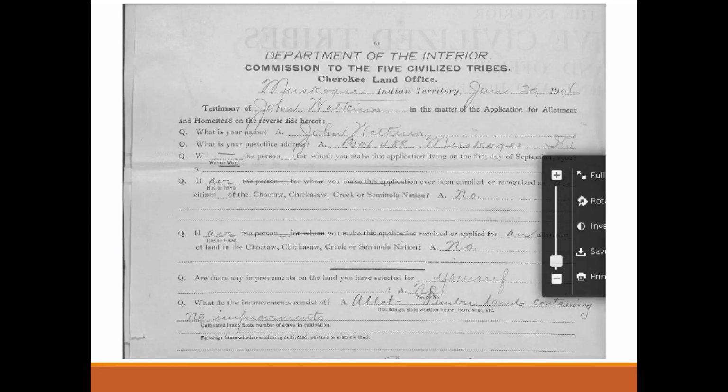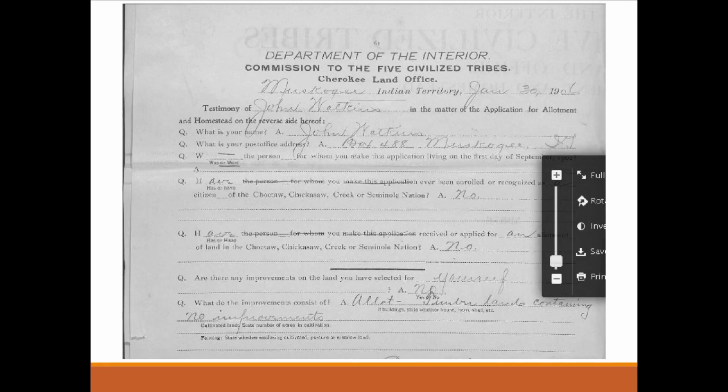So this is John Watkins, and he was applying for allotments for himself and his 2 young daughters. And this is a form that was in his folder, which can go on for several pages. And he says there's no improvements on this property.